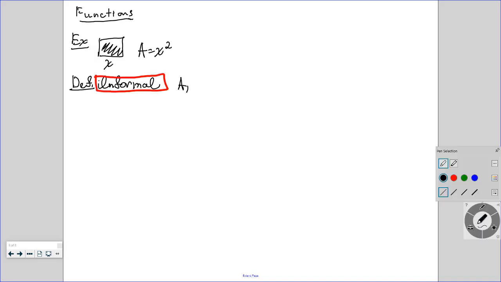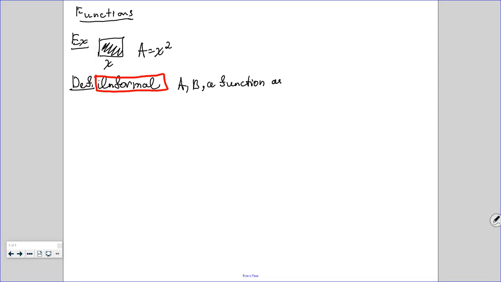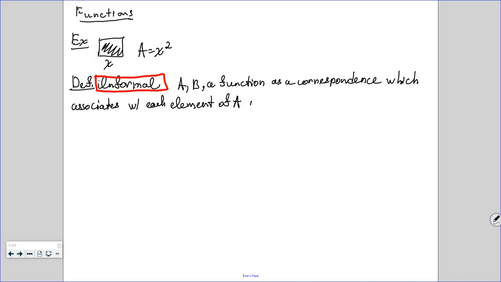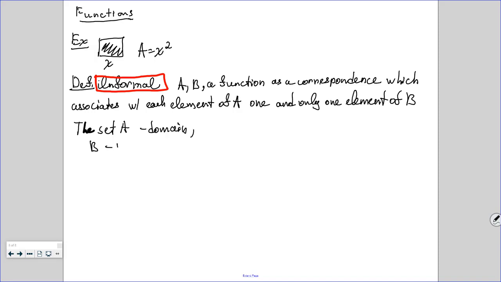Given two sets A and B, we informally define a function as a correspondence which associates with each element of A one and only one element of B. The set A is called the domain and B is the range.